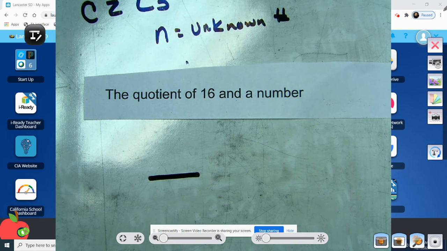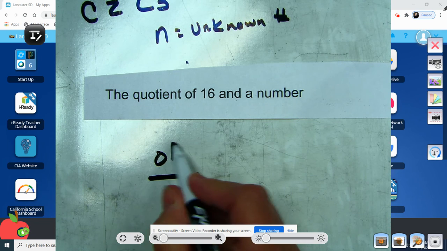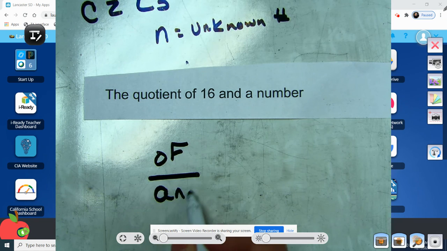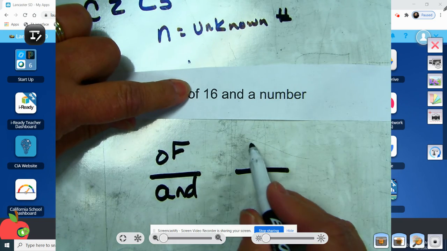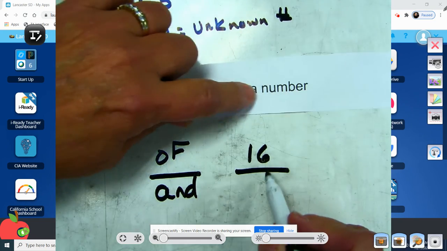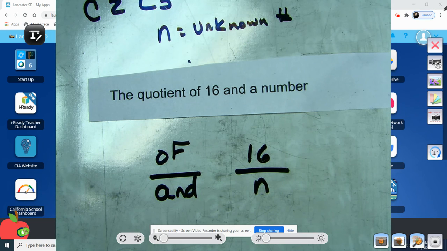Quotient means fraction. Of goes over and. So the quotient of 16 and a number, so the n would go on the bottom. Whatever follows and is the number in the denominator. Whatever follows of is the number in the numerator.